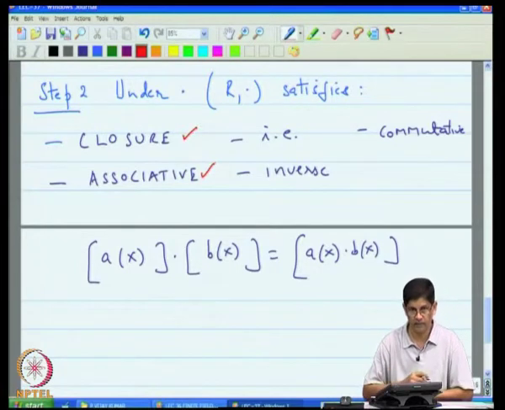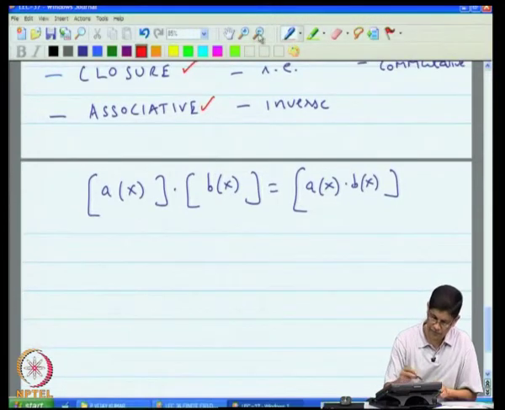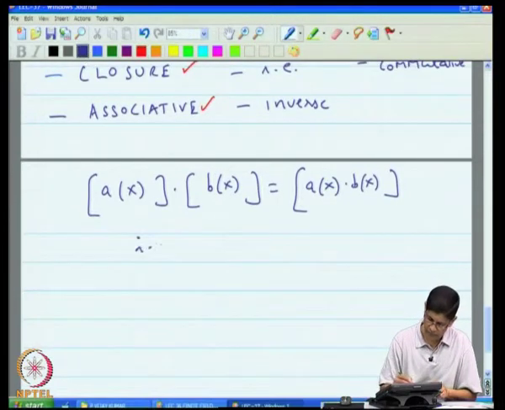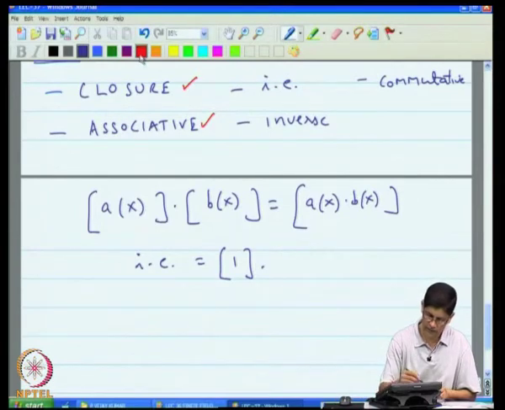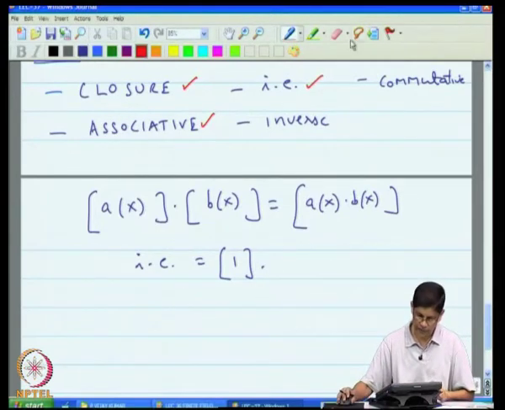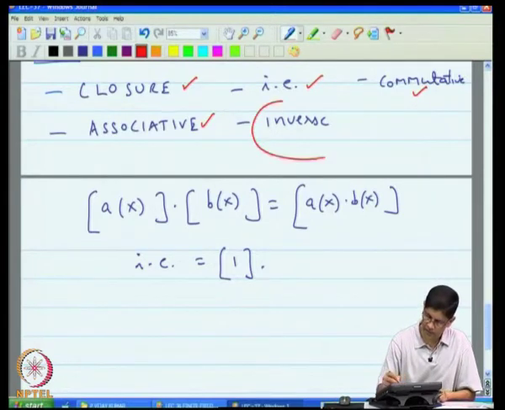Associativity is just as easily verified in the multiplicative case. The identity element is easy to see: it is the equivalence class of 1. So even that is straightforward. Commutativity is also straightforward. So the only thing that really requires some work is the inverse.